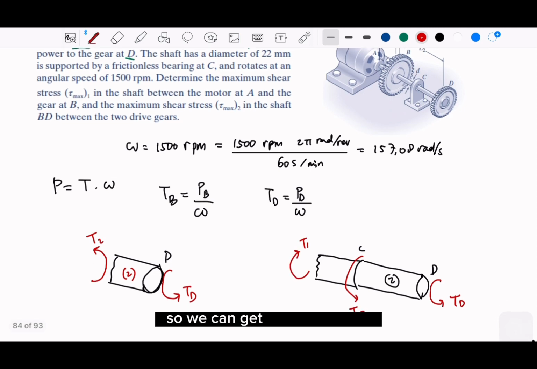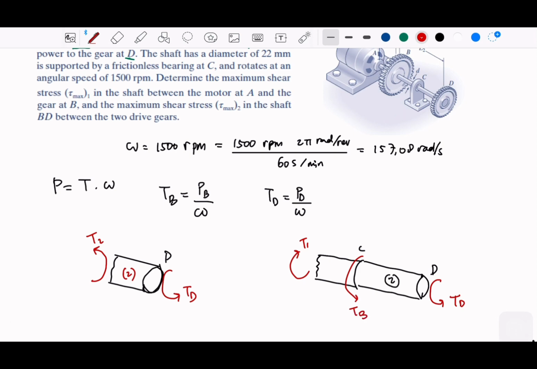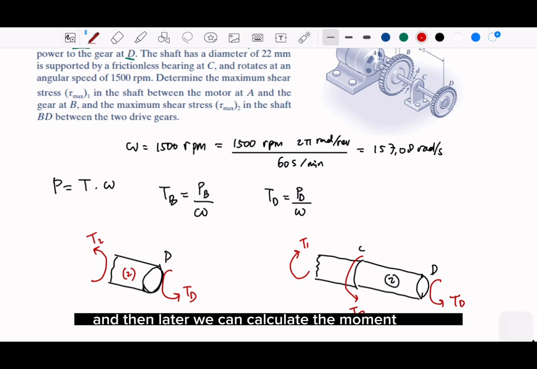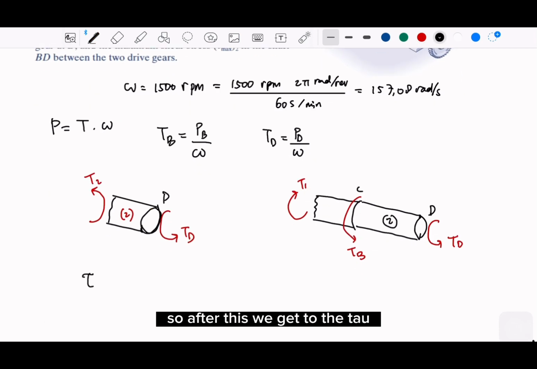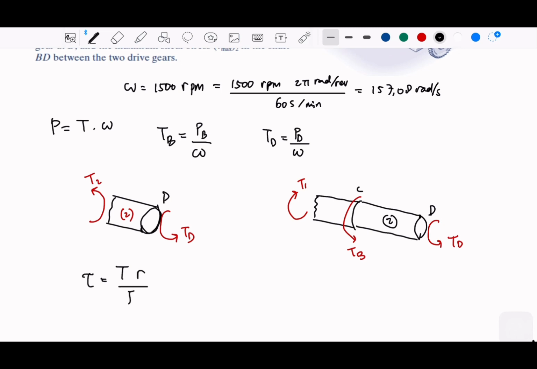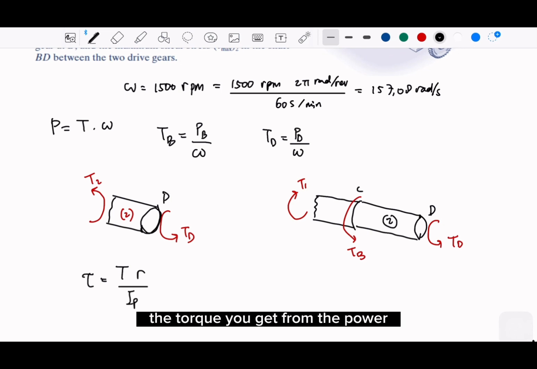So we can get the equilibrium. Okay, and then later we can calculate the moment of inertia and then calculate the tau. So after this we get tau equal T, R, over inertia. The torque you get from the power. Inertia you can calculate from the diameter, and you get the tau for each component, for CD and for BD.